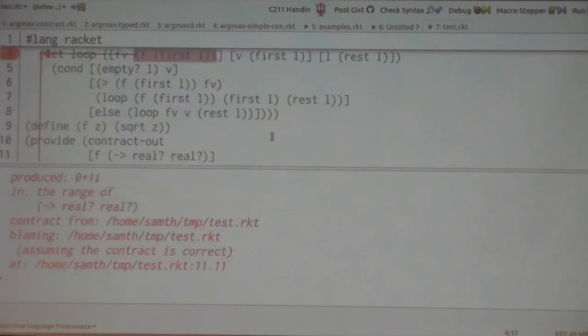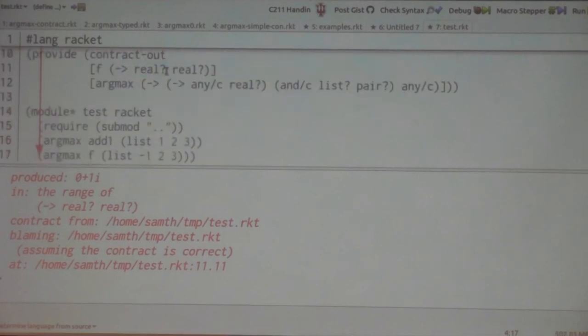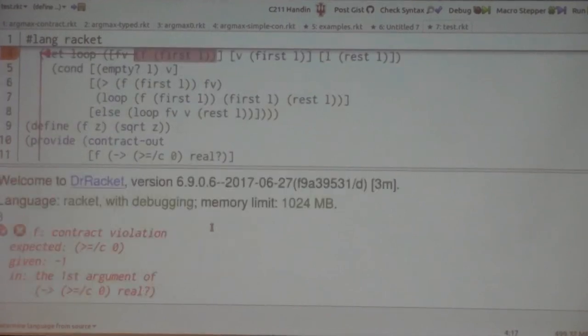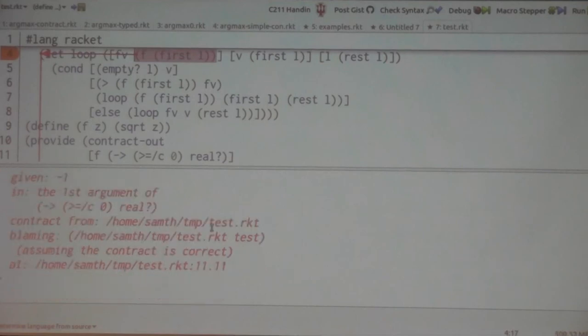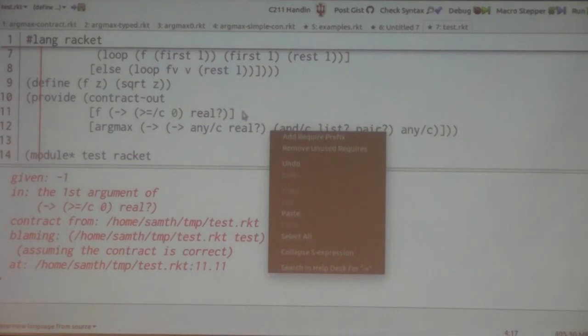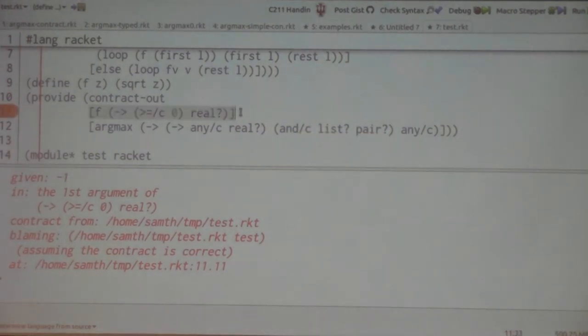Of course, that's not quite strong enough. We need a contract like this. So f promises that if you give it a value that's at least 0, it'll give you a real.